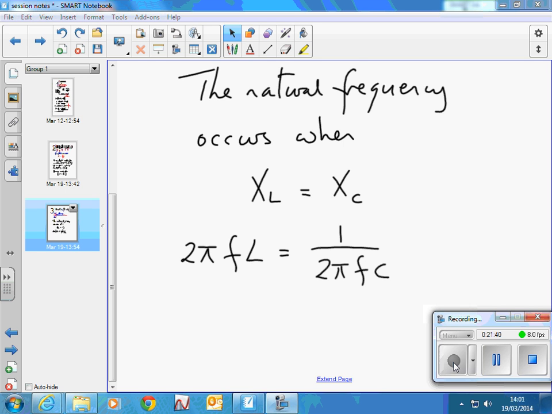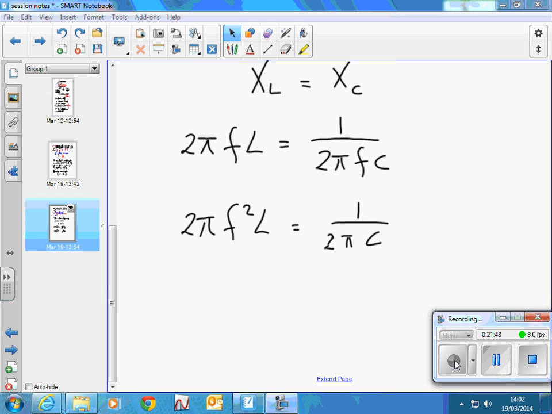Multiply both sides by f. That would get rid of the f underneath on this side. What would I end up with? Write it down. That gives us this, because I've brought the f up to the left hand side, and so we've got f squared. So now I want to get f squared on its own, so first, before I do that, I've got a square root in the end, but what do I do first?